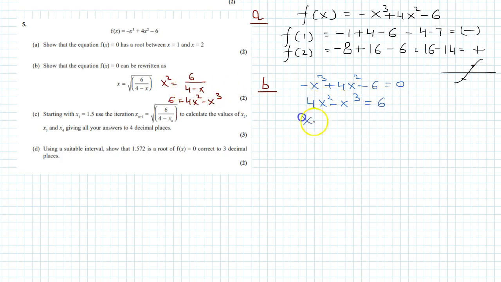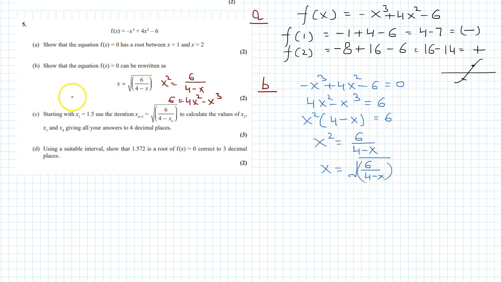I've taken x squared common. This is 4 minus x is equal to 6. So x squared is equal to 6 over 4 minus x. So x will be the root of 6 over 4 minus x. That's what we are getting.